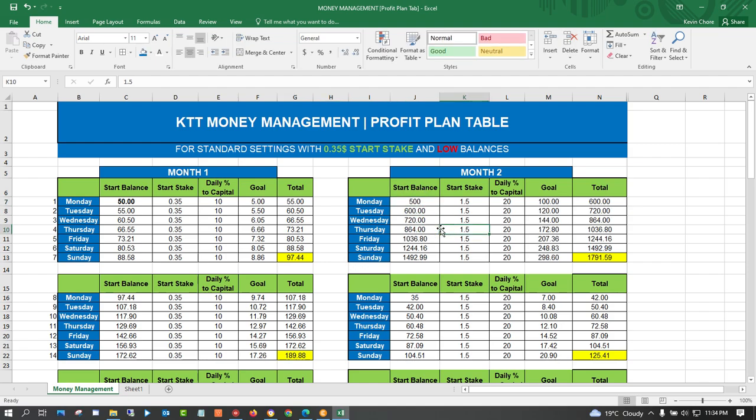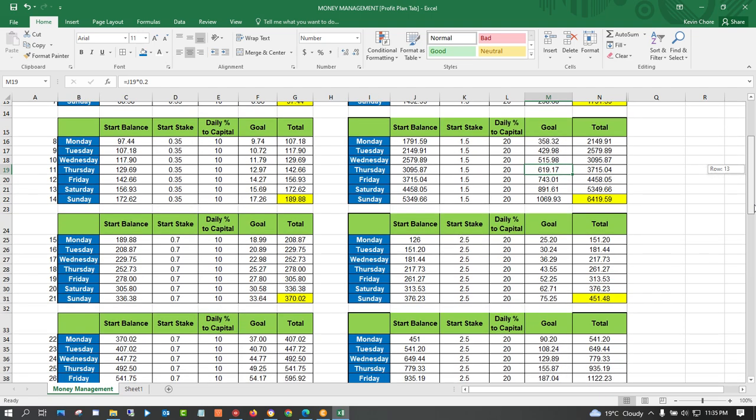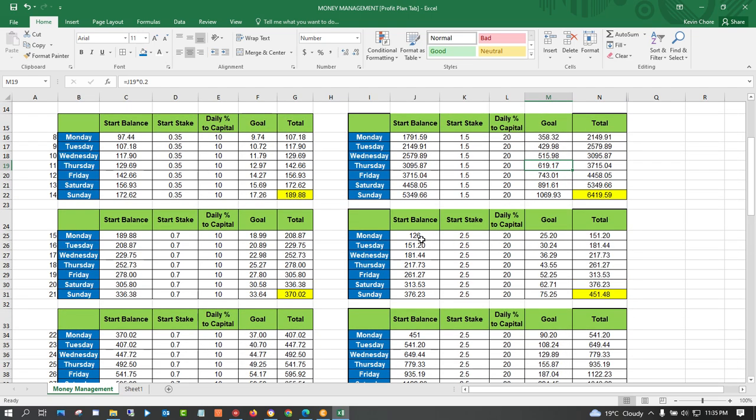Okay, this will be my 500, and then this now will be my opening balance, 91.59. Okay, I just want to show you how you can make big money, and this is how people do it. 6419.59.